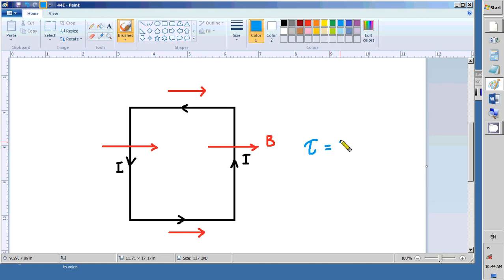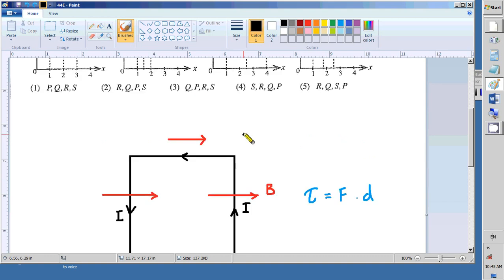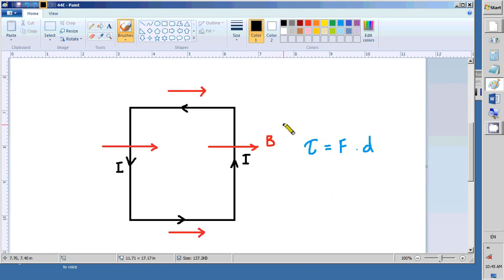Tau equals F times D. So we have to find out F first of all. So there is a force here, because there will be a force here, because there is a magnetic field and a current both.